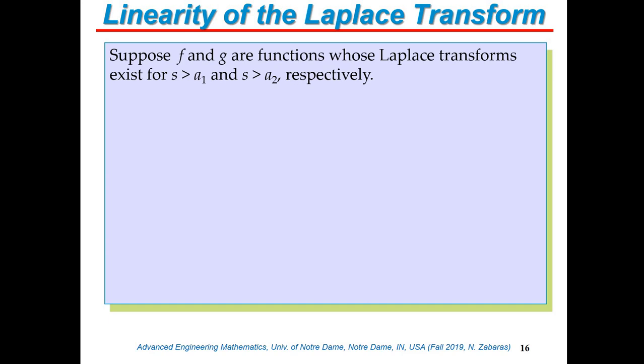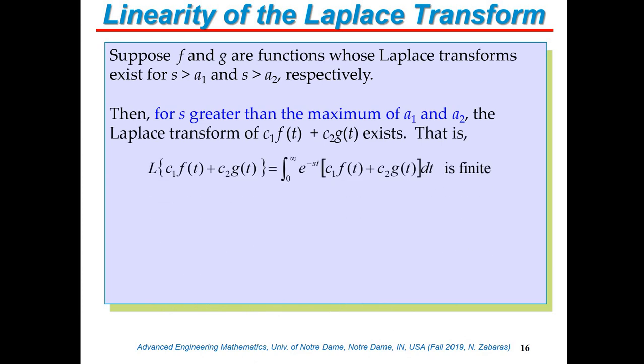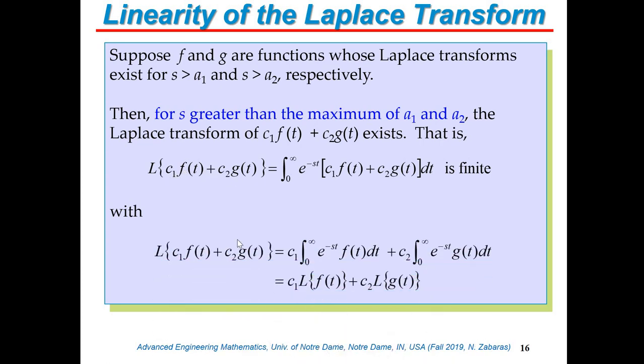Linearity of the Laplace transform. If you know the Laplace transform of two functions and then you take a combination of them, then the Laplace transform would be a combination of the Laplace transforms of the two functions. So if you are looking for two functions f and g, and you try to compute the Laplace transform of c1f plus c2g, then that Laplace transform is nothing else but c1 times the Laplace transform of f, plus c2 times the Laplace transform of g.